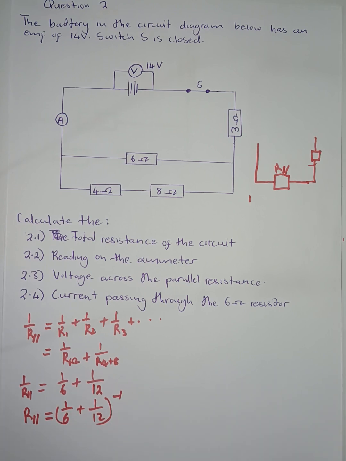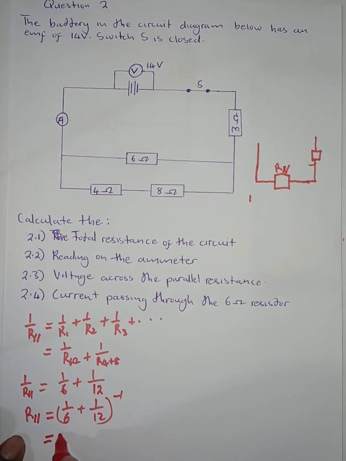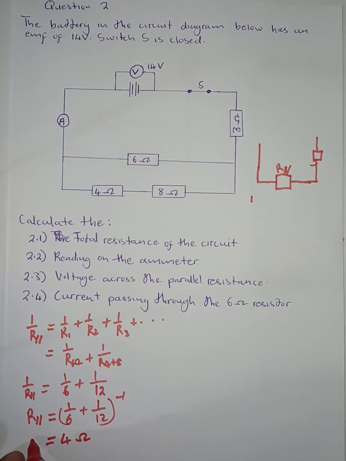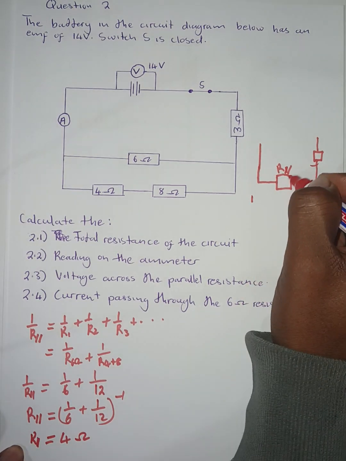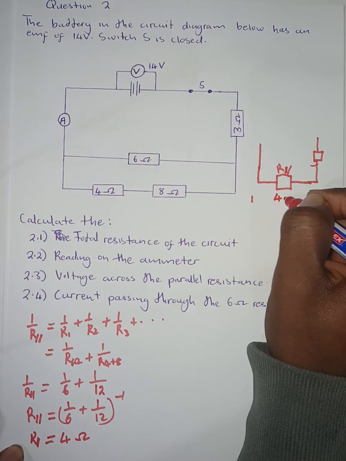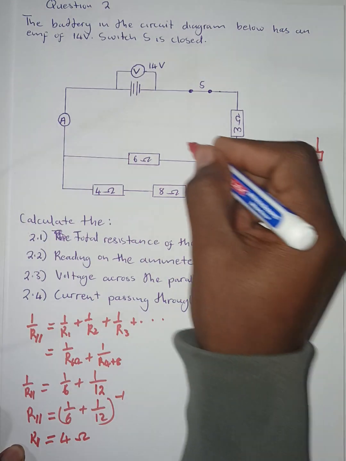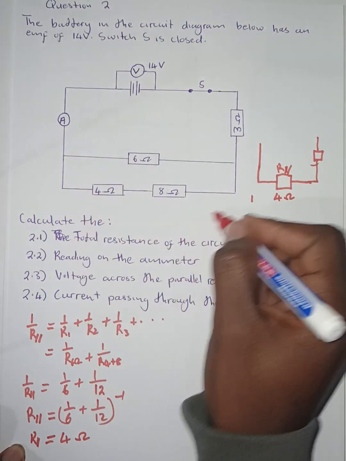So what you're going to get is R parallel being 4 ohms. So that would be my 4 ohm resistor there, when I combine this branch with that branch.